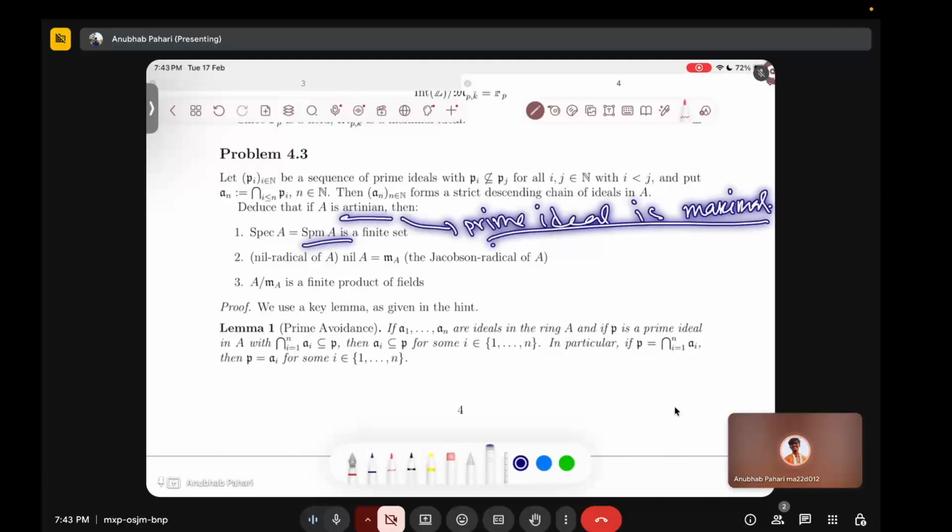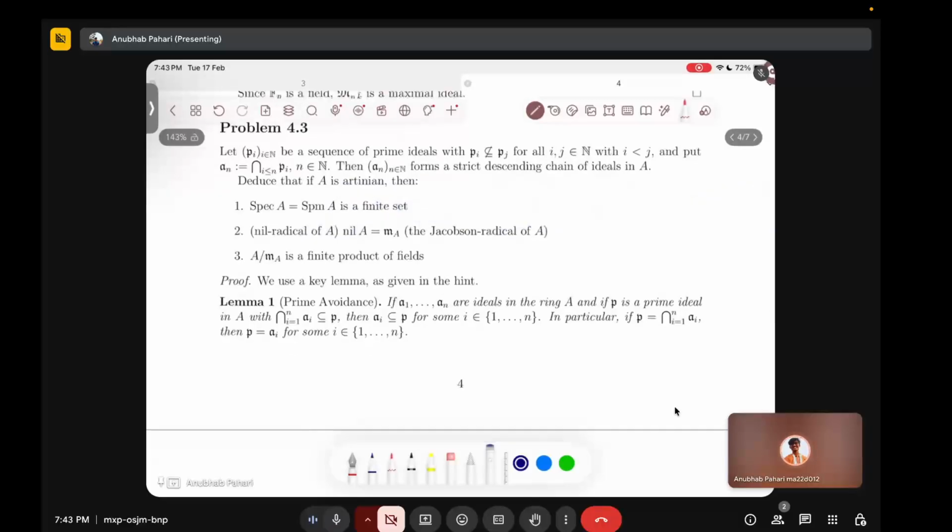So therefore this is why Artinian rings are important, and they are also rare.